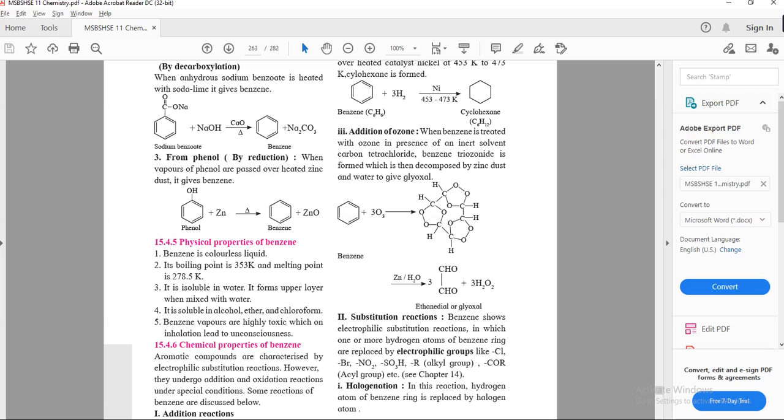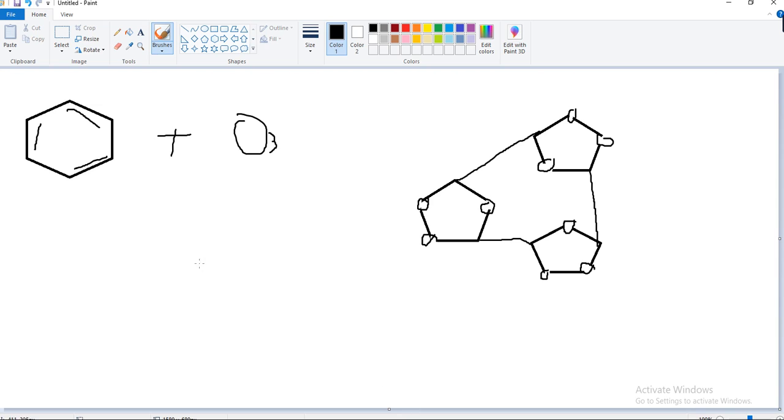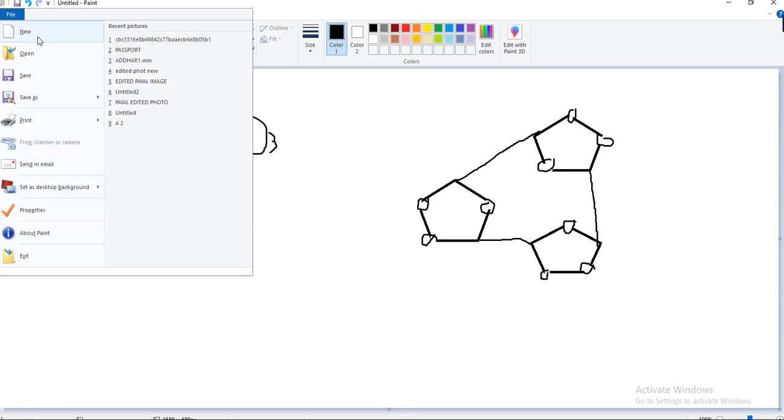This is the triozonide, and on each carbon atom there is one hydrogen. So when this triozonide reacts with zinc, it will give what? Ethanedial. Ethanedial is glyoxal. So we'll see the structure of ethanedial.